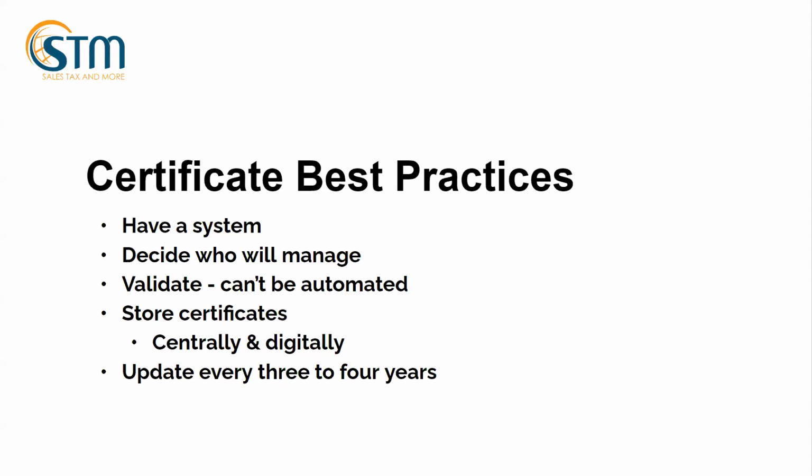And, as we mentioned earlier, you want to be updating your certificates every 3 to 4 years because a lot can happen in a 3 to 4 year period. An auditor could look at it during this audit cycle, and then you get audited again 3 years from now, and it was good for this audit cycle. It's not good for that audit cycle because when an auditor looks at an invoice, they have all the information, and if the certificate doesn't match the information on the invoice, a big one, by the way, is the name of the company.